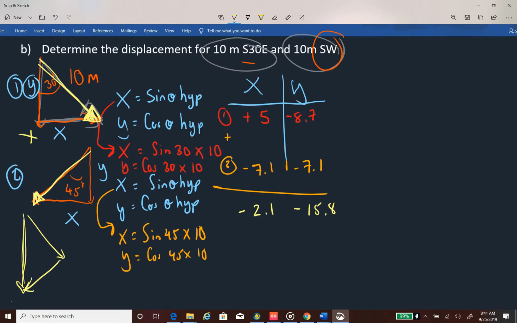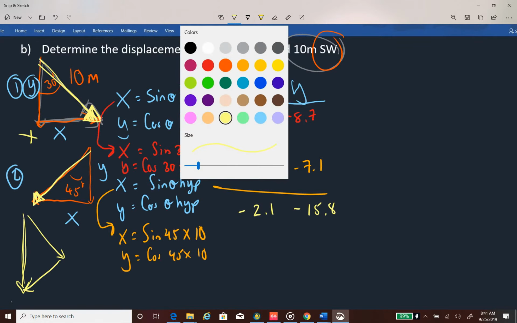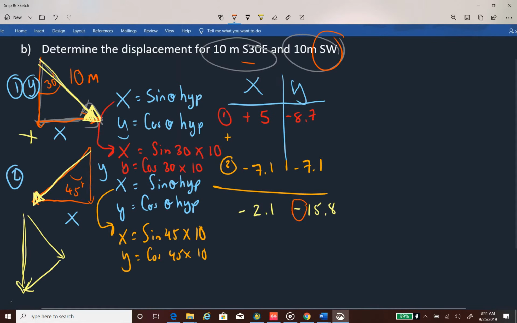I'm not drawing this to scale, but I know for sure that it's pointing south, and I can see by my y component that it definitely is. Because it's not drawn to scale, I can't really tell if it's pointing east or west, but according to my vector component method, it's actually pointing west.